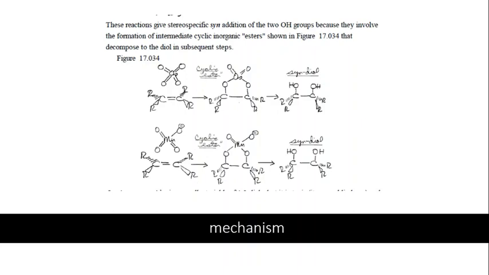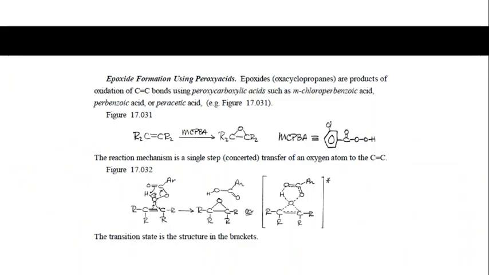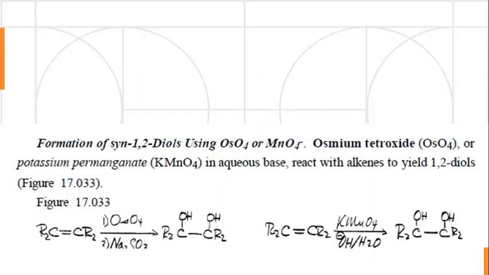So if we are left with the choice of whether we should use the osmium tetroxide or the potassium permanganate, the preferable choice would be the inexpensive and the safer potassium permanganate, though it gives a very low yield of the diol. So both of these have some advantages and some disadvantages.